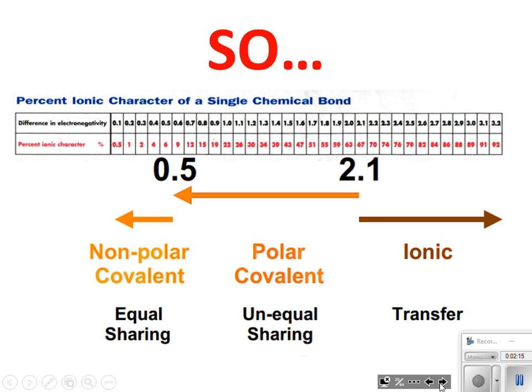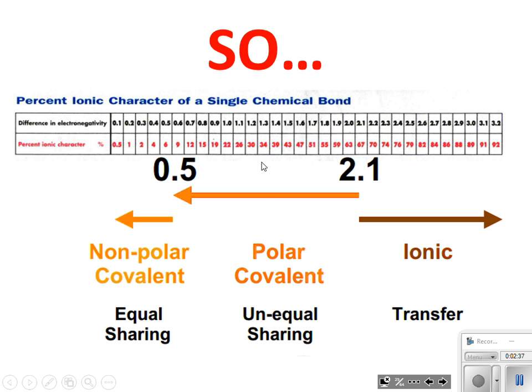So, we can relate an equal sharing of electrons with a nonpolar covalent bond. We can relate an unequal sharing of electrons with a polar covalent bond.